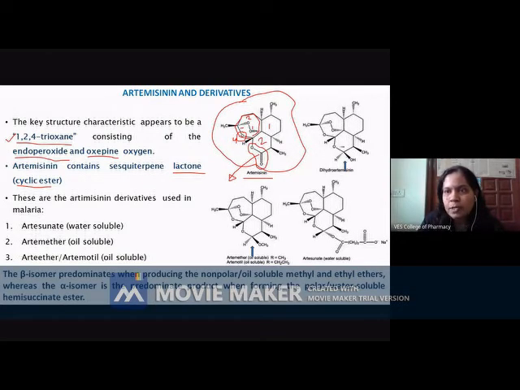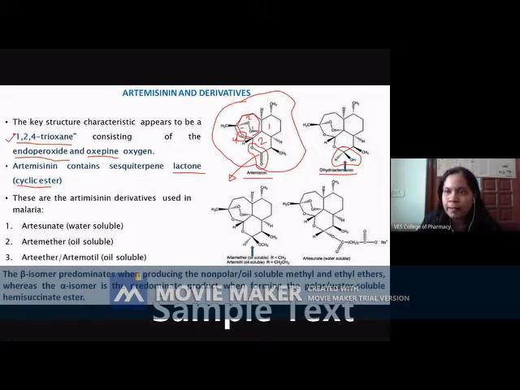So in the next structure, you can see the keto group is reduced and you get the secondary alcohol. So this becomes dihydroartemisinin, because here now two hydrogens have been added. This is the one hydrogen and this is the second hydrogen. So that is why it is dihydroartemisinin.